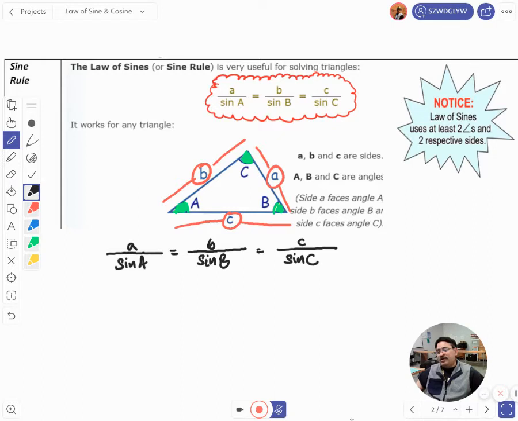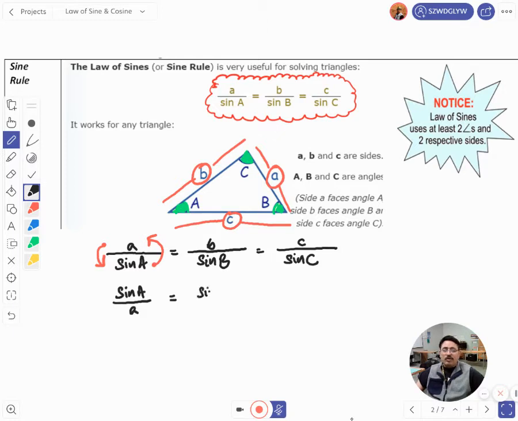In fact, while solving problems, if the unknown value is in the denominator, it is difficult to compute. So in such a case, you are free to switch these values, that is, denominator to numerator and numerator to denominator, which means you may take sine A in the numerator and lowercase a in the denominator.